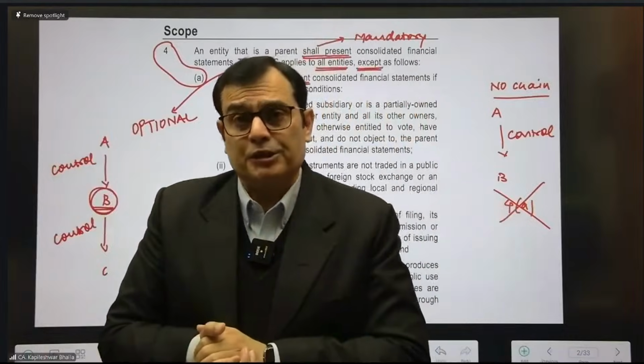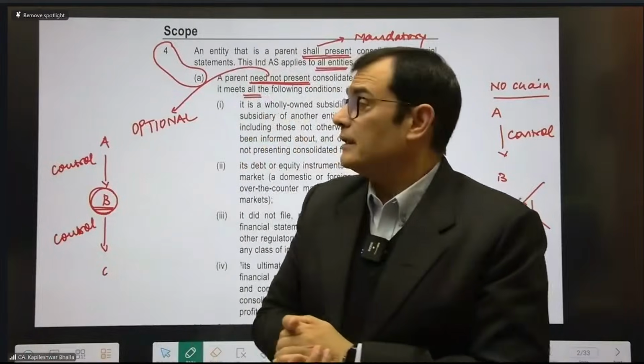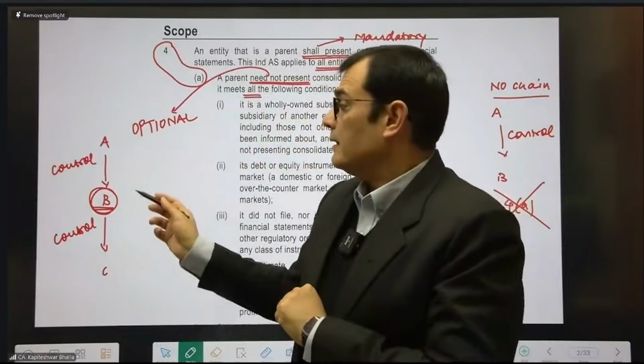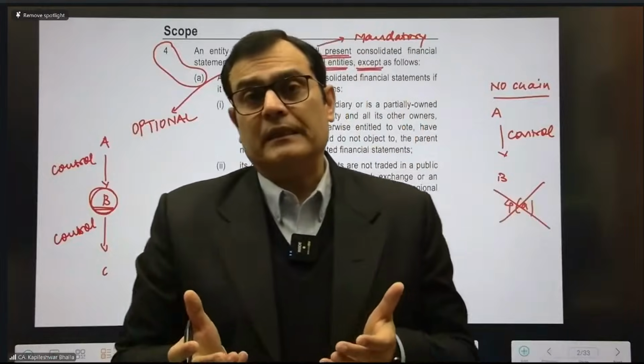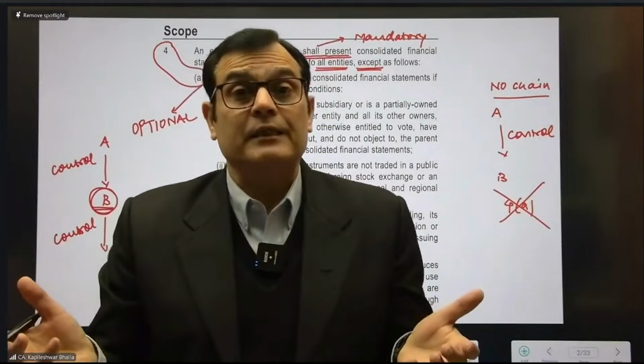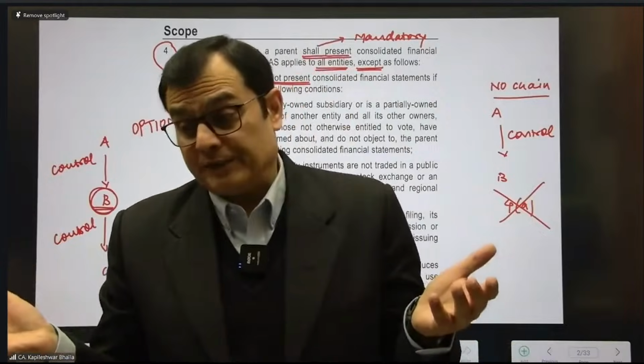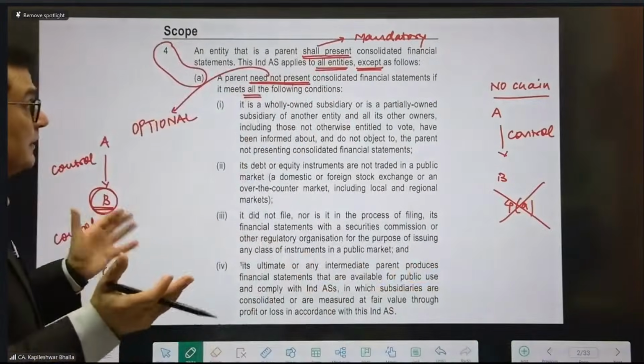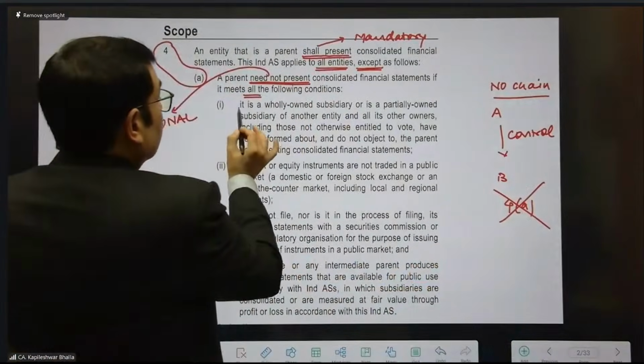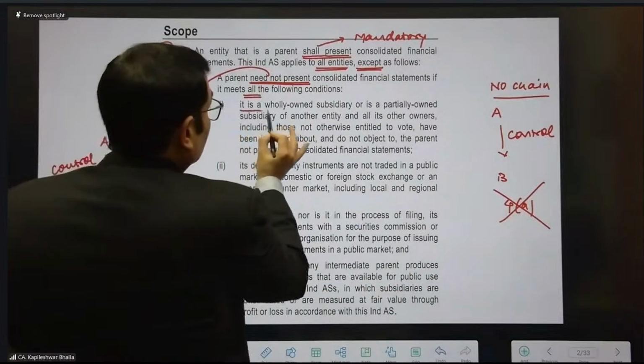So they decided that in a chain, provided certain conditions are met, and there are 4 conditions, they'll give a choice to B: if you want to consolidate, you can; if you don't want to consolidate, you may not. Now, let's come to those conditions. It says it is a wholly owned subsidiary.